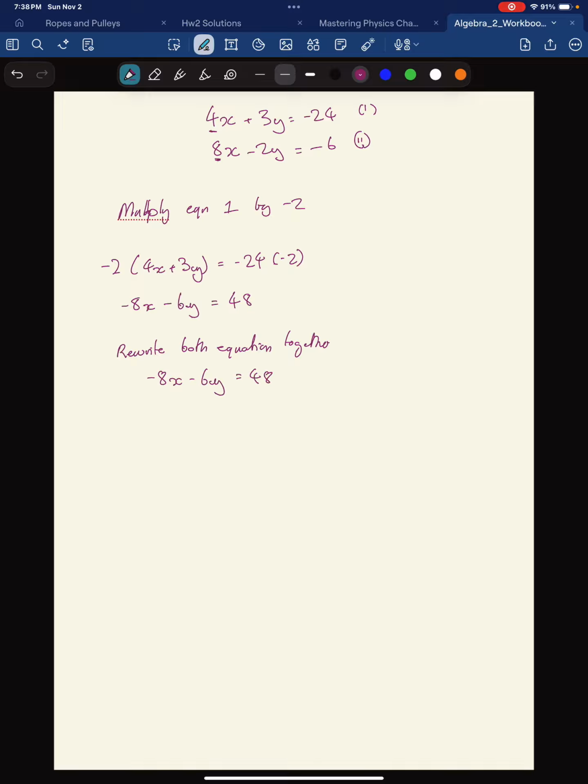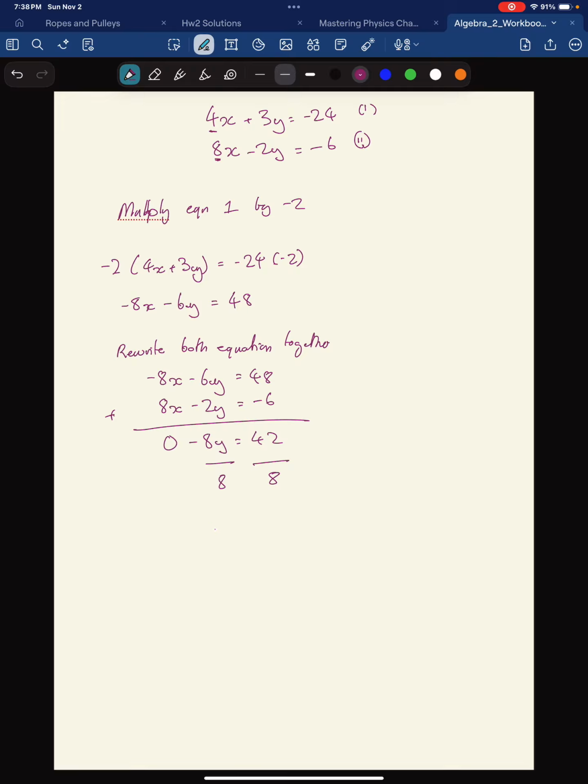And I'm going to write equation 2 as it is. So now I can add both equations. If I add both equations, this is going to be 0. This is going to be minus 8y equals 42. And y is going to be equal to 42 divided by 8.